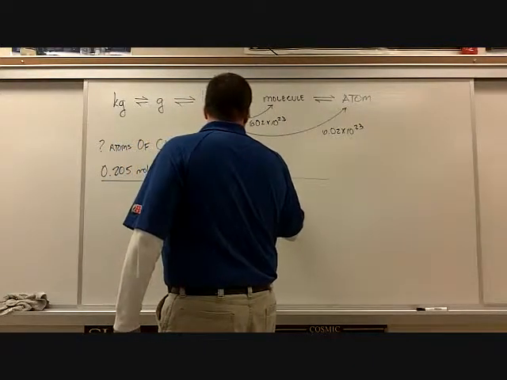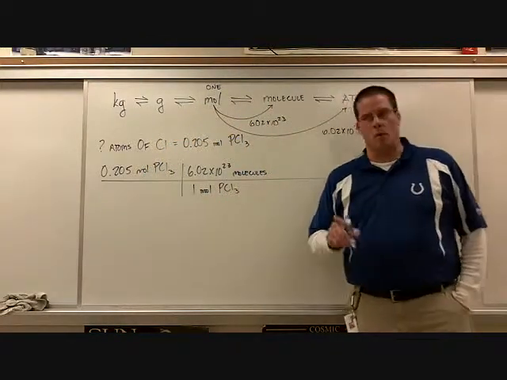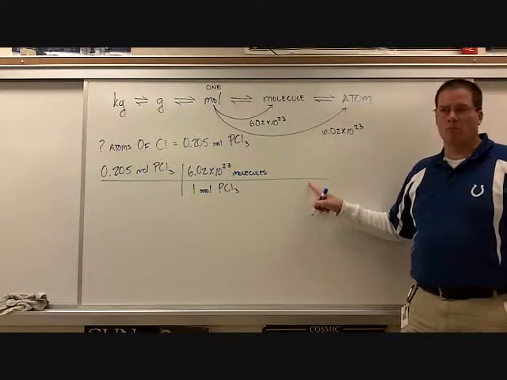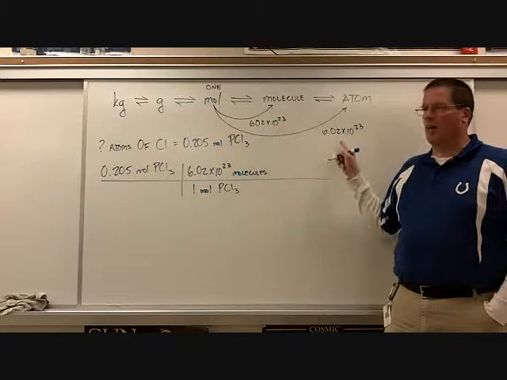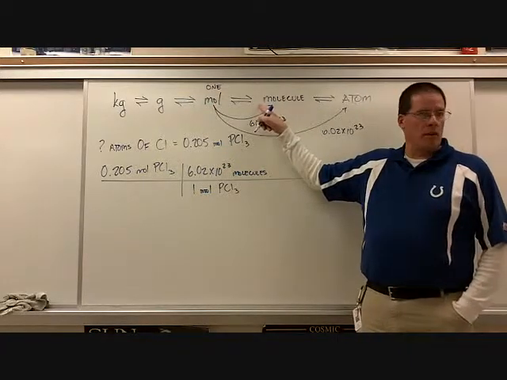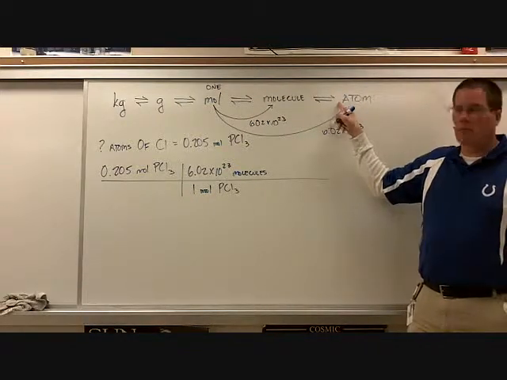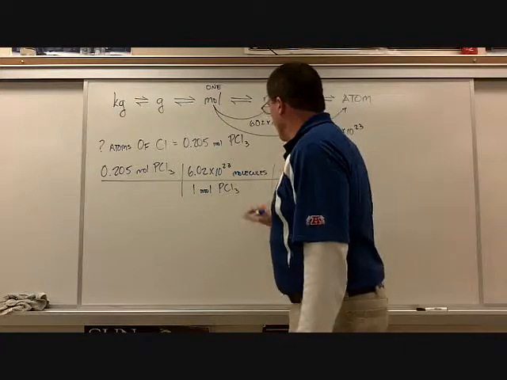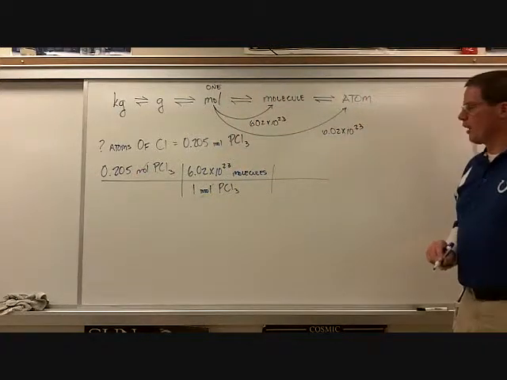And what's really important, you will only use Avogadro's number 1 time within a problem. Only use this value 1 time. So when you go from here to here, you'll multiply by Avogadro's number. When you go from here to here, you will not multiply by Avogadro's number. Okay. So if we stopped right there, we'd have our molecules of phosphorus trichloride.